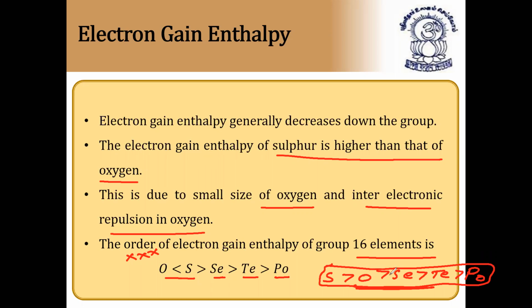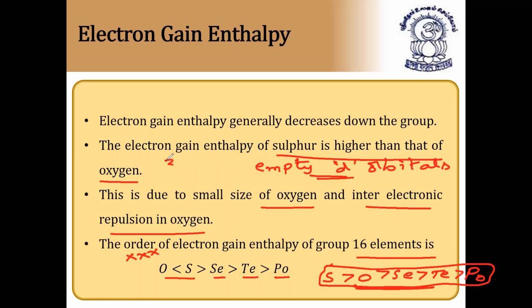So why is the electron gain enthalpy of sulfur greater than oxygen? Because in oxygen, due to its small size and inter-electronic repulsions, it is lesser than sulfur. And sulfur is higher because it has an empty d orbital, so it can accommodate more electrons. Why an empty d orbital?